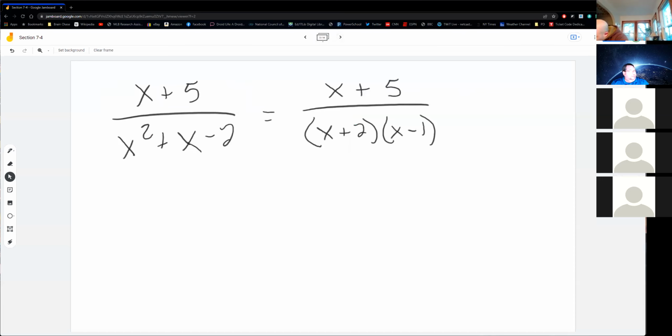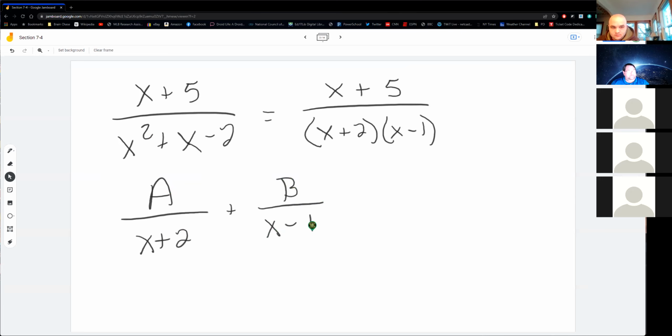The first way that we're going to do this is, what I want is something that has a number up here and x plus 2 down the bottom, and then a number up here and x minus 1 down the bottom. So my goal is to figure out what those two numbers are going to be.